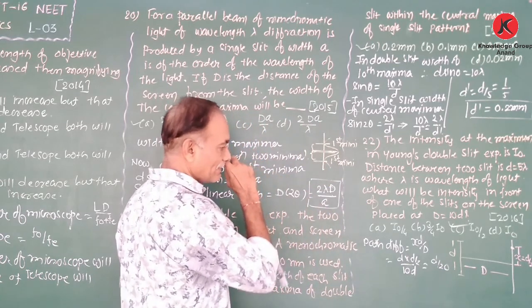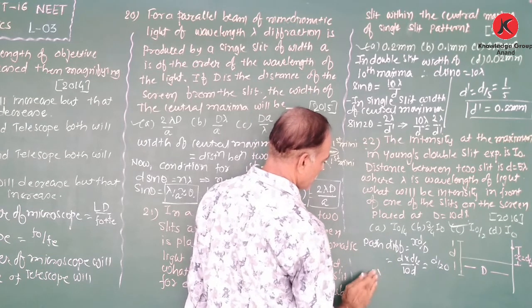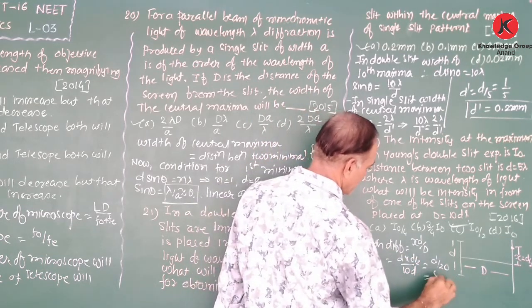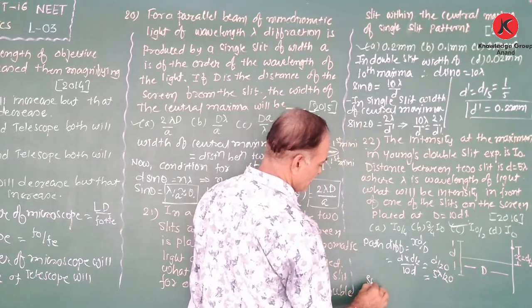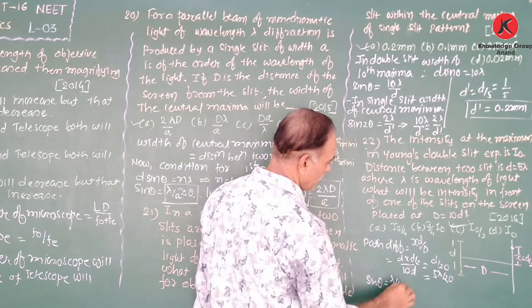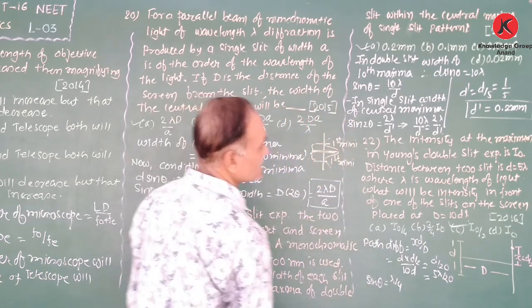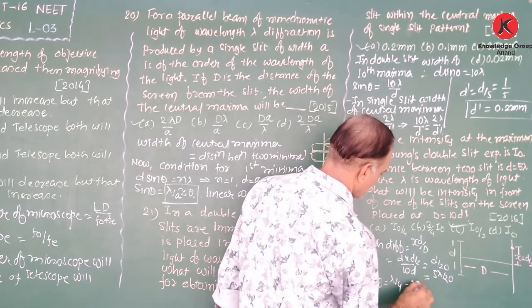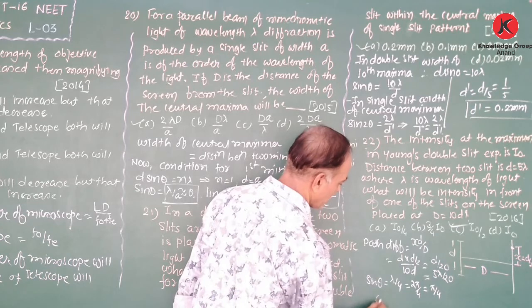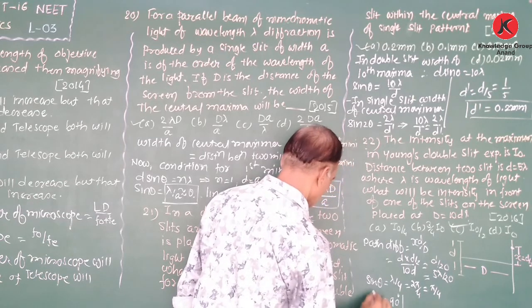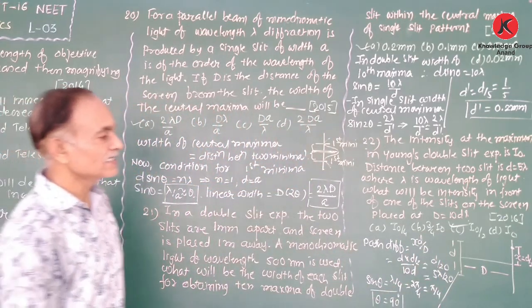And now, it is given that path difference is equal to pi lambda upon 20. The value of d is pi lambda upon 20. Therefore, lambda by 4. Therefore, path difference is equal to lambda by 4. And lambda is given to 2 pi. Therefore, 2 pi by 4 is equal to pi by 2. Therefore, theta is equal to 90. Now we require the intensity at that point.